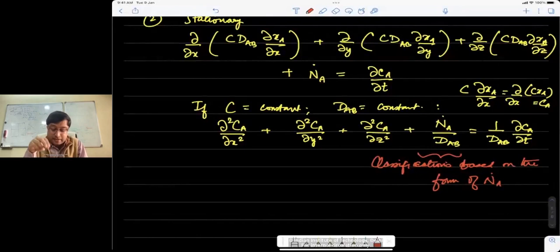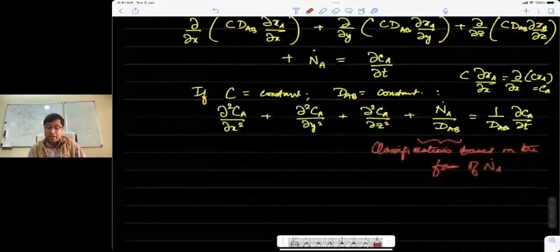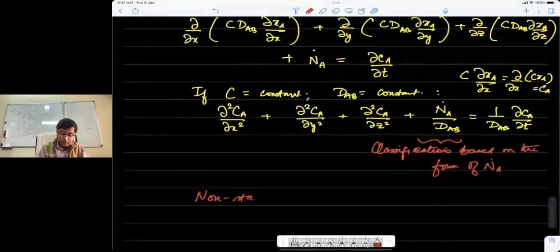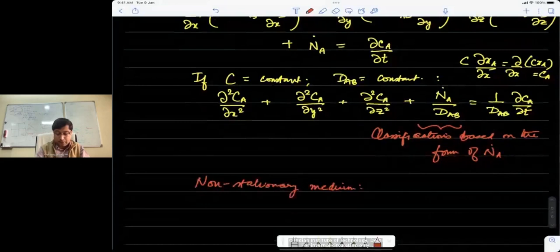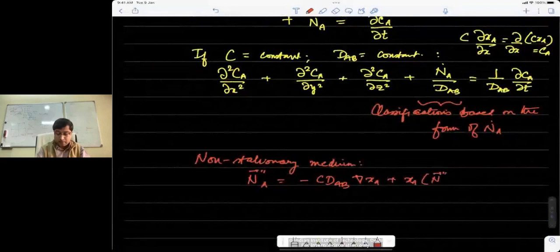The other one is, we did this for a stationary medium, or we assumed that the medium is stationary, but all mediums may not be stationary. If we want to understand how concentration can be obtained in those cases, what can we do? If I look at the flux equation again, for a non-stationary medium, the flux equation was minus c Dab gradient of xa plus xa times n double dash a plus n double dash b.